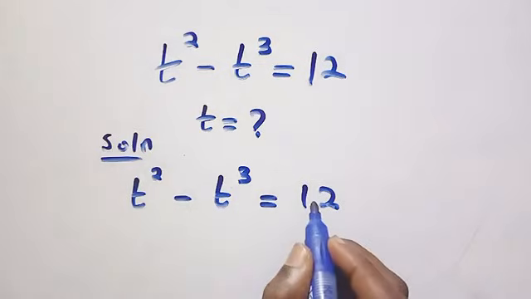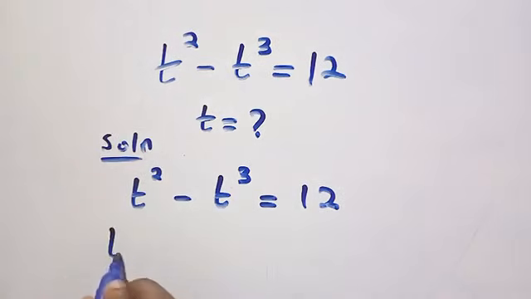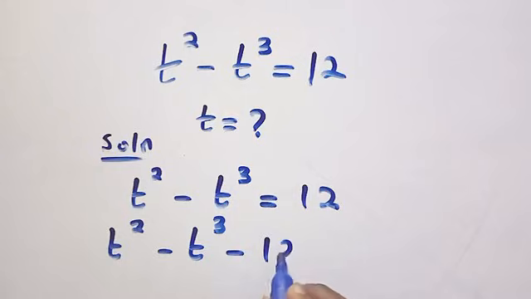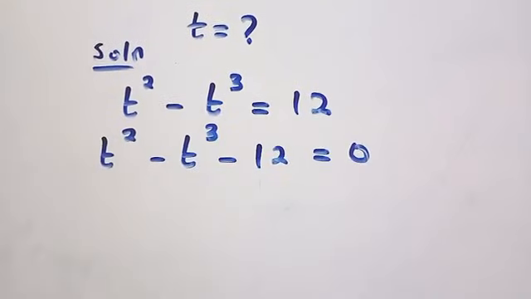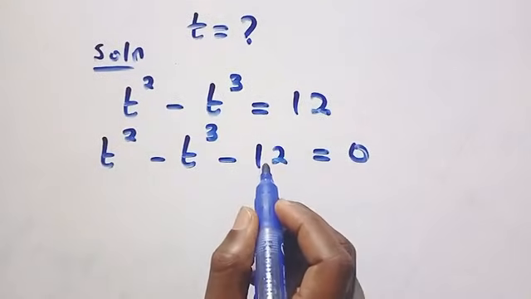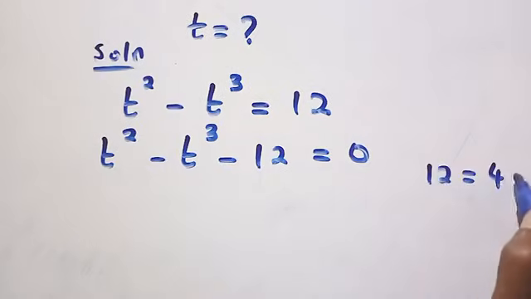Then we are going to transfer this 12 to this side, as we have t power of 2 minus t power of 3 minus 12 equals 0. So the next step, we are going to split this 12 into the sum of 4 and 8.